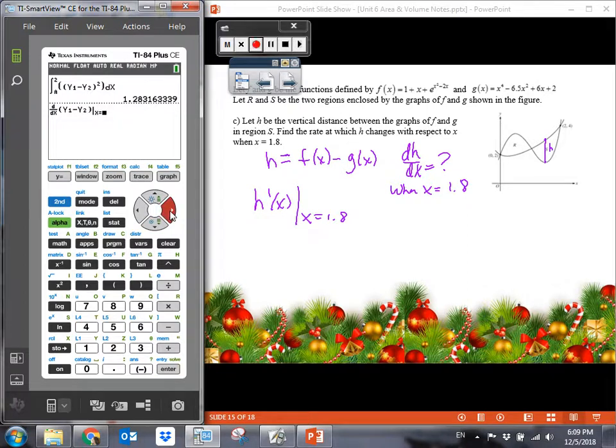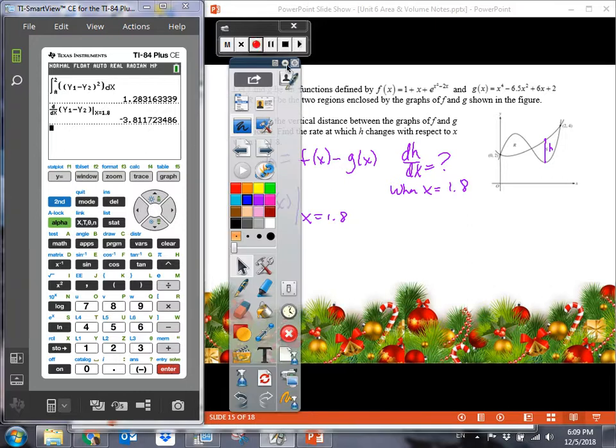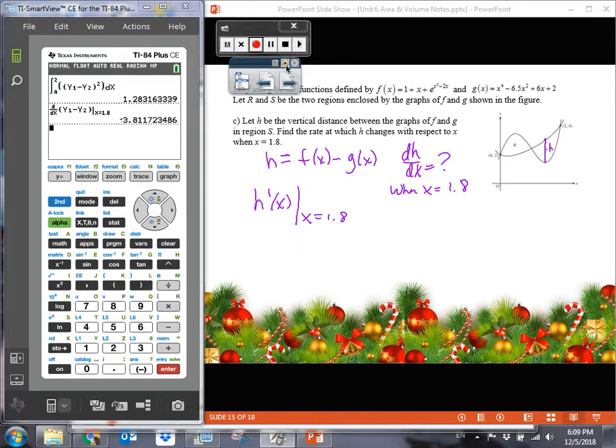And we need that at 1.8. So we enter that, and that's going to give us a negative 3.8117. You could either put that or negative 3.812, both are fine.